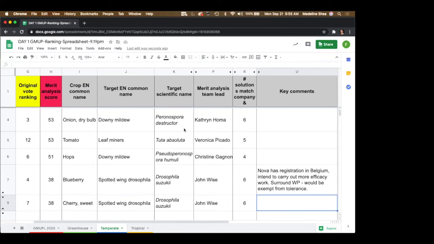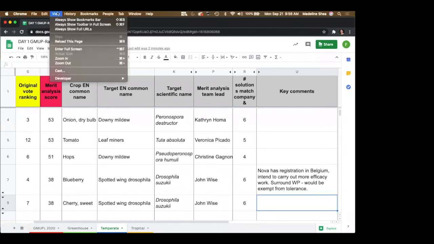So sorting out which are the most important is probably beyond what we can accomplish today. But I think the basic answer is that spotted wing Drosophila is of pretty high importance in all the countries that ranked it high on these crops.